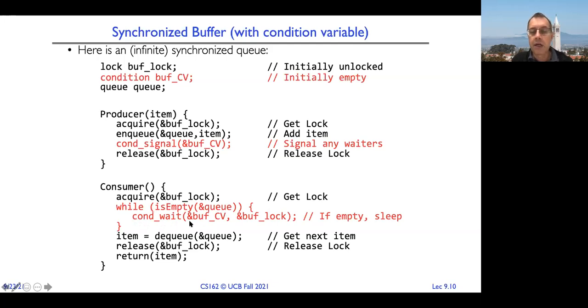So in condition wait, what you are going to do is put the thread to sleep, and you need to release the lock, right? This basically tells condition wait to release the lock once the thread is put to sleep. Remember, we want an atomic operation here: the sleep and releasing the buffer lock should be an atomic operation.